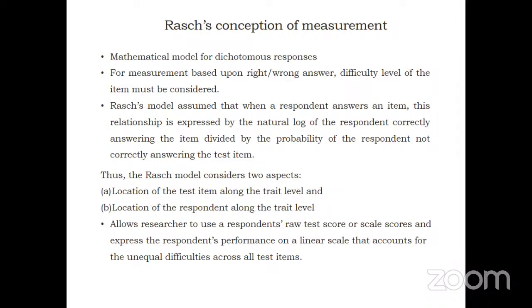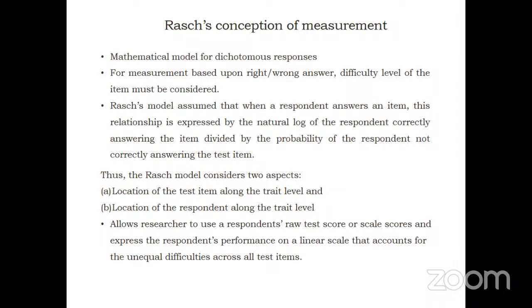So remember the first thing that we started with in this lecture, the example of the cups. We talked about how linearity of measurement is possible in physical measurement, but not in psychological measurement if you're considering the classical test theory approach.